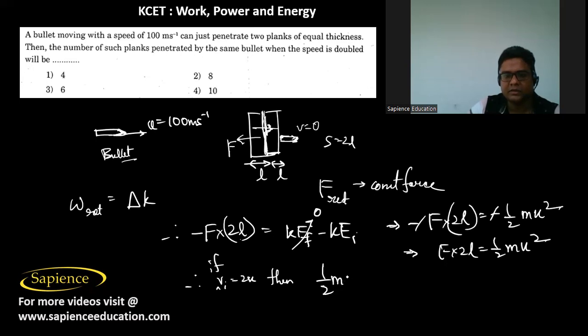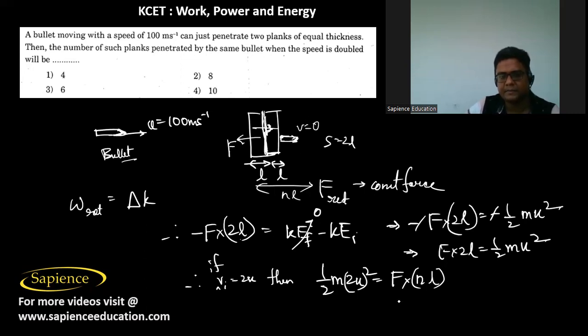So half m into 2u whole square will be equal to the same retarding force acting into, suppose, n into L, where n is the number of planks. Suppose it can penetrate n planks, so I use n into L, since the length will be n times L if n planks are used.